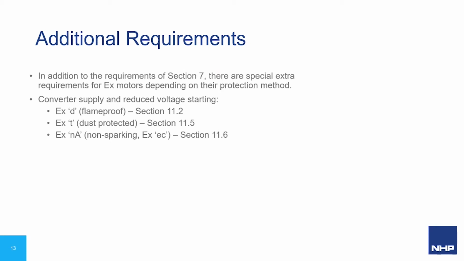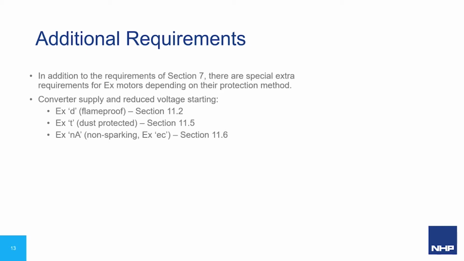So as mentioned earlier, in addition to the general requirements of 60079.14, Section 7, and Section 11, which covers the rotating electrical machines, there are extra additional requirements for EXD, T, NA, and E motors within the specific sections of the standard shown here.